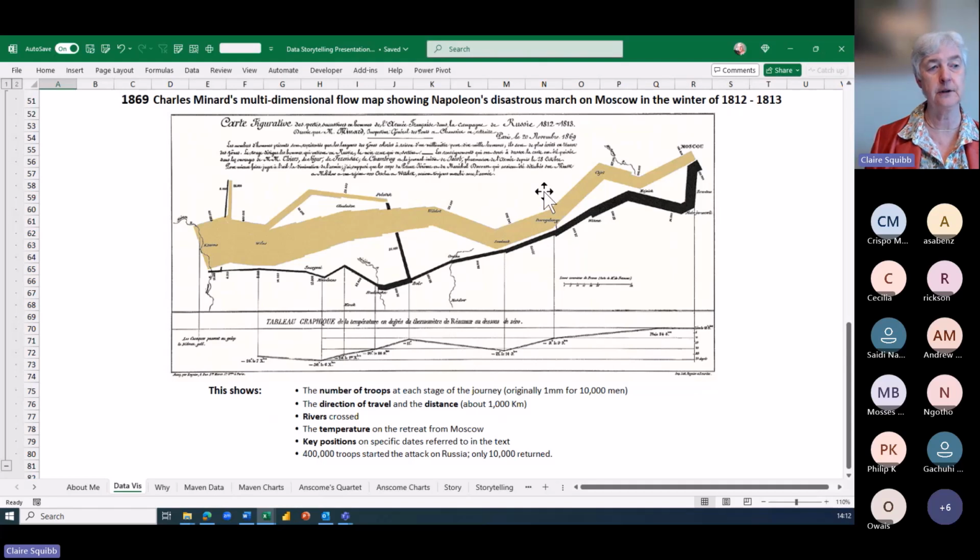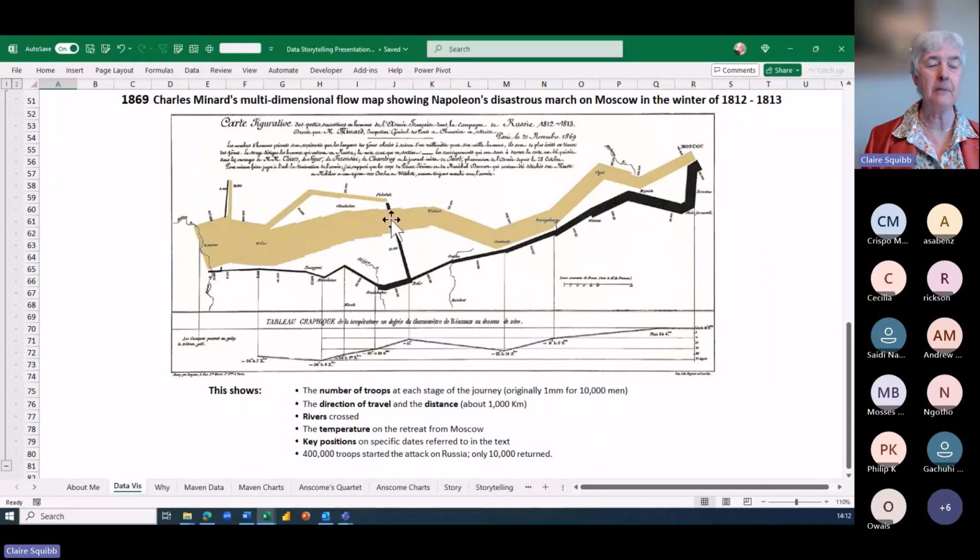The lines are showing activity, and it shows Napoleon's march on Moscow and retreat from Moscow in 1812 to 1813. He did it when he retired, so it was a long time after the event, but he'd been planning it for a while.